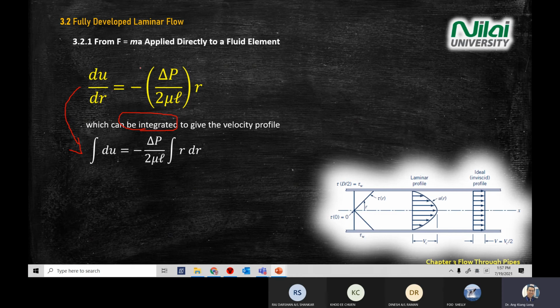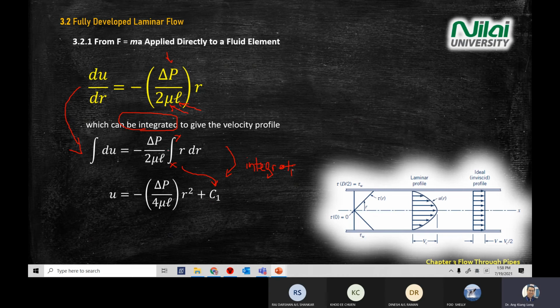You pull the constant values out, because delta P, mu, kinematic viscosity, and length are all constant values, so you can pull them outside the integration, and you integrate with respect to R. When you integrate with something that does not have limits, you will come across the constant value C1.